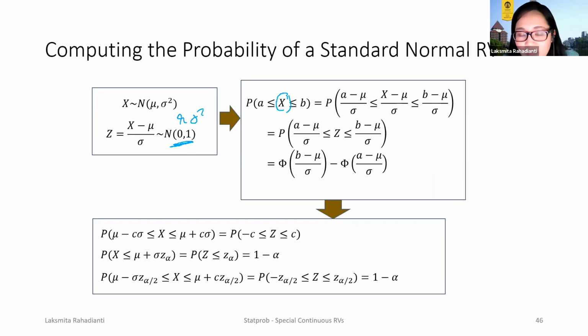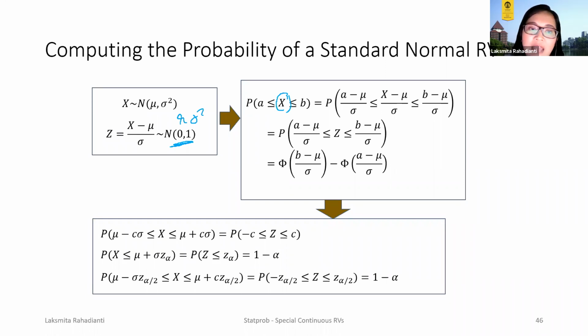So what I do is I can just subtract my mean and divide by my, careful, variance, not my standard deviation. So here I need to take my variance and not my standard deviation. So here you can note that X minus mu divided by this is my Z, obviously.